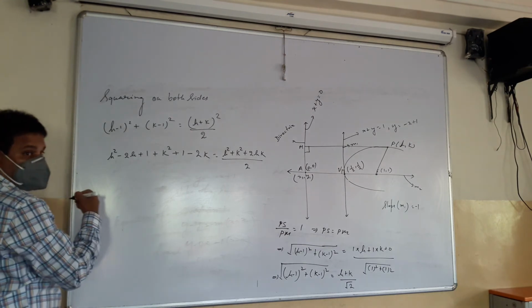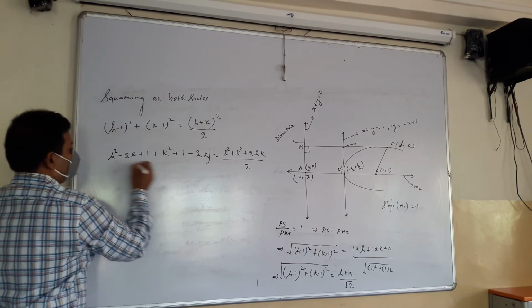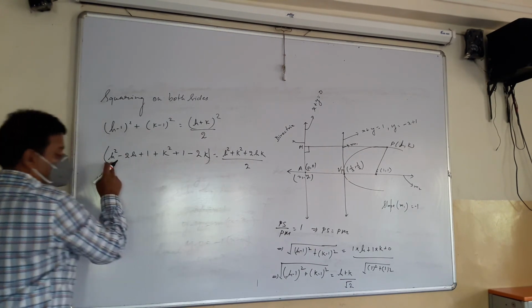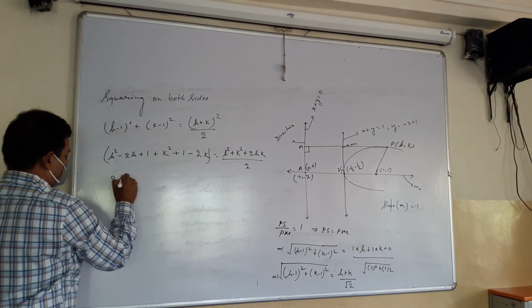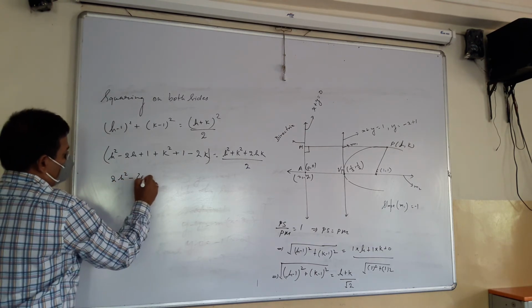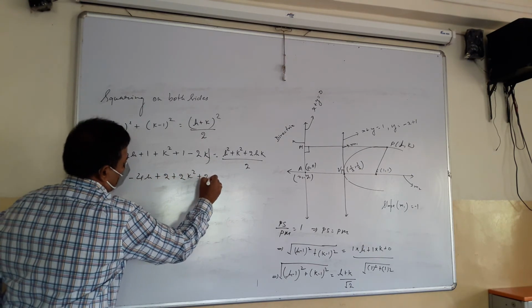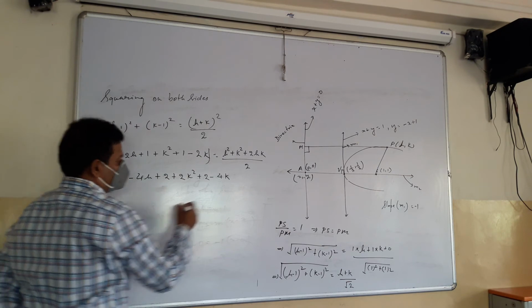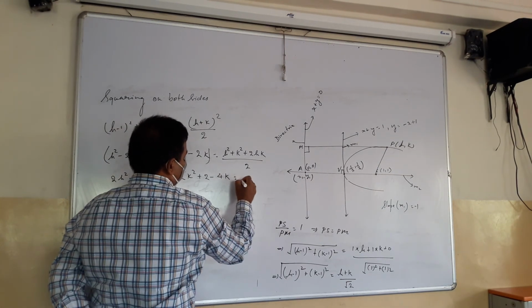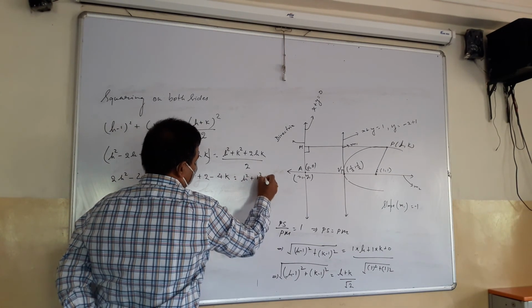Now cross multiply: 2h square minus 4h plus 2 plus 2k square plus 2 minus 4k equal to h square plus k square plus 2hk.